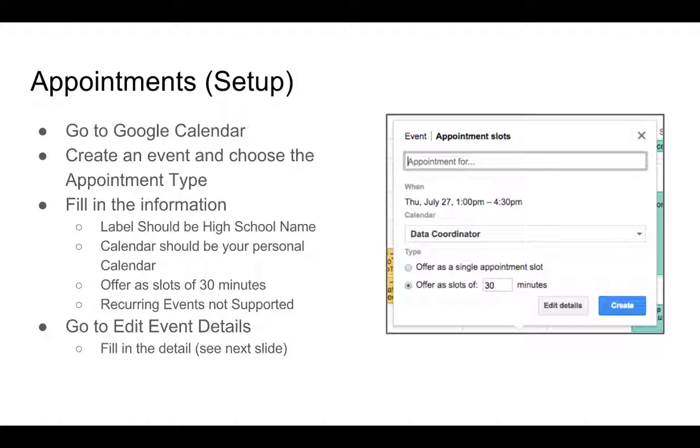And then you say appointment slots at the very top. You click on appointment slots. There you go. What does it say? Oh, okay. You can just say get started with the appointment slots. So you go back to your calendar, and then click anywhere on the calendar just to make one, and then click appointment slots.